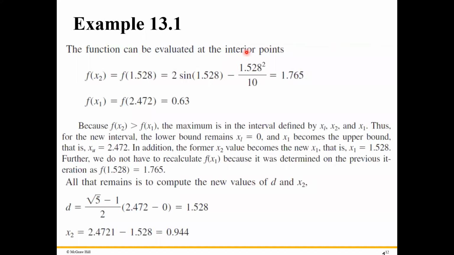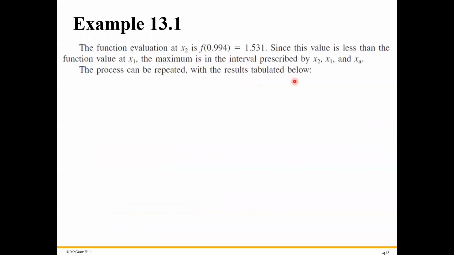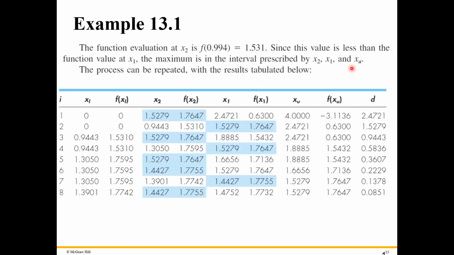The value at x1 in this case was 0. So the value has increased from 0 to 1.531. That means it is inside this interval x2, x1, and xu. Then the process can be repeated until the results are tabulated as below.